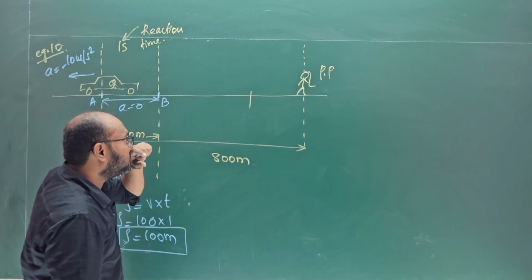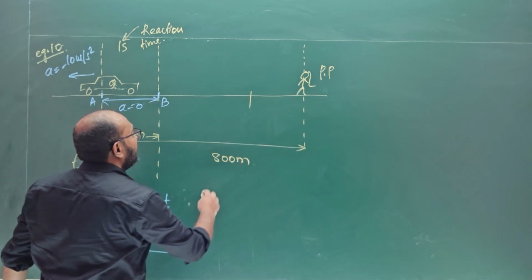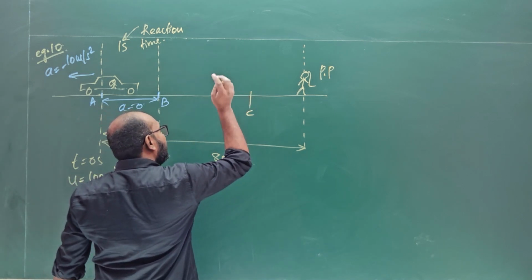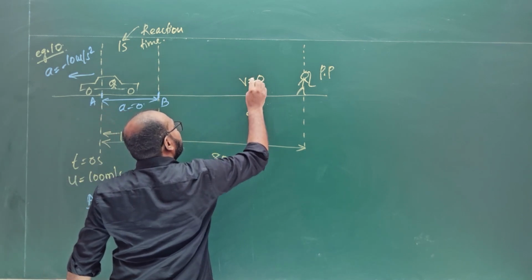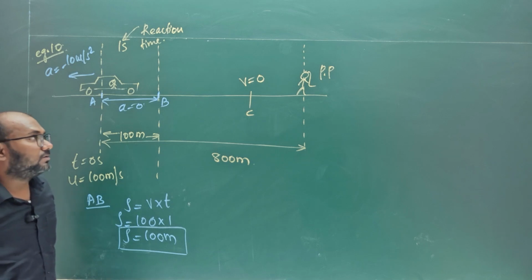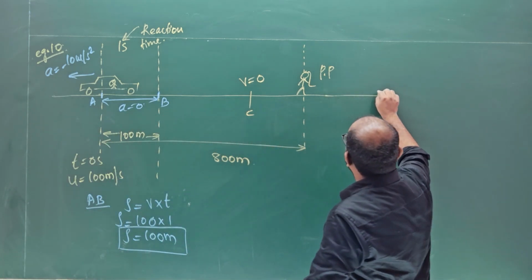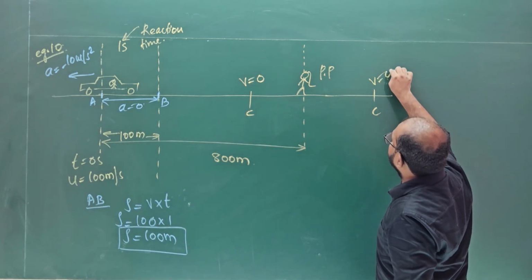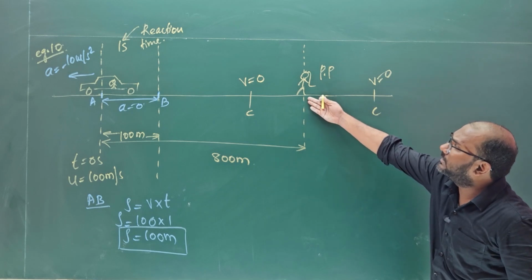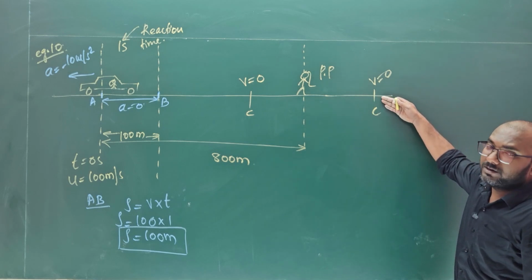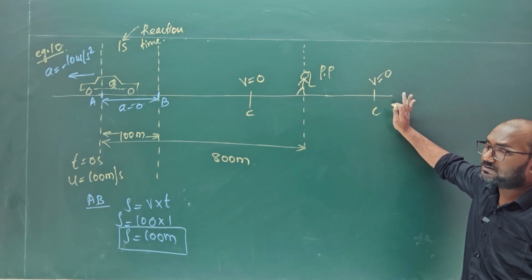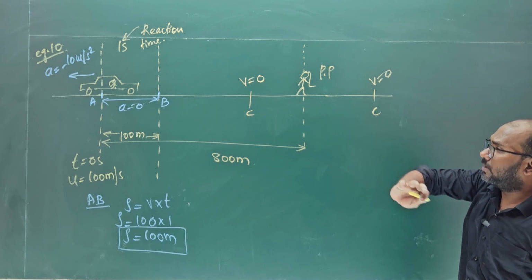Let this point be C, and at point C we are imagining velocity is equal to 0. You can take C here also, maybe there, maybe on the girl, maybe beyond the girl. But we are taking just a point where the body is getting stopped.